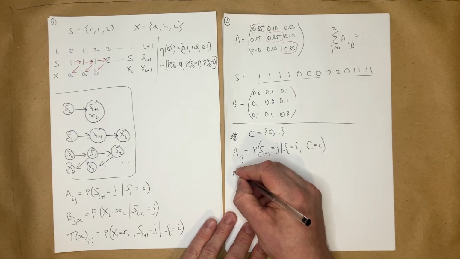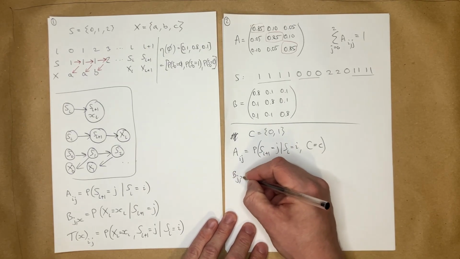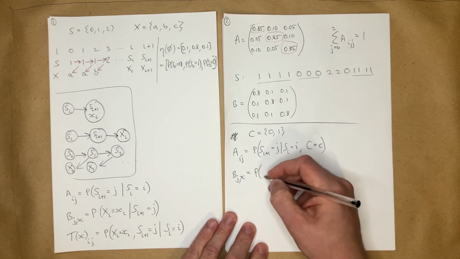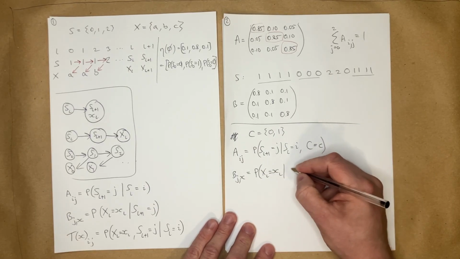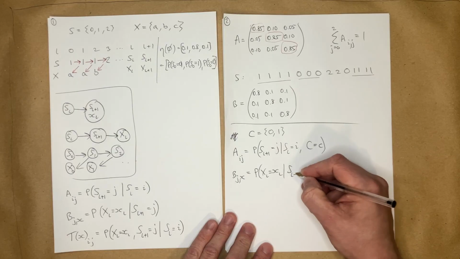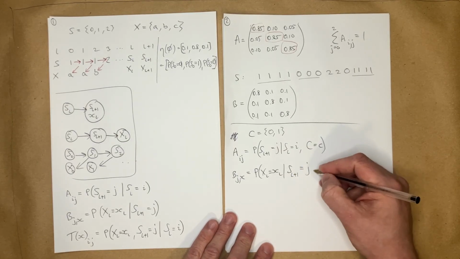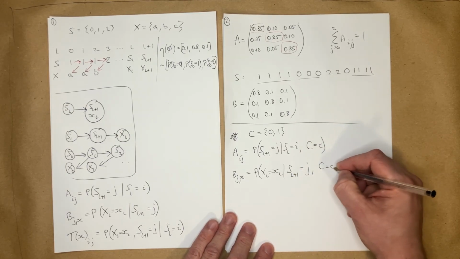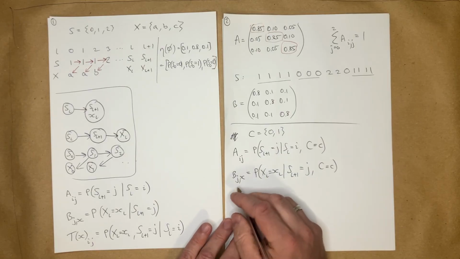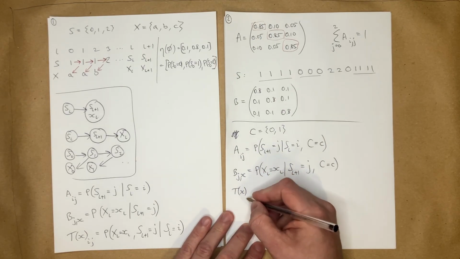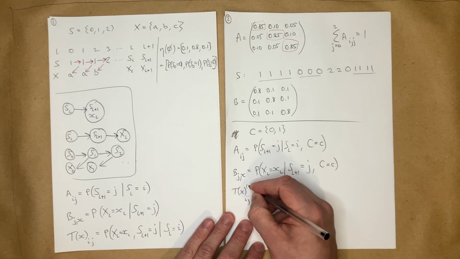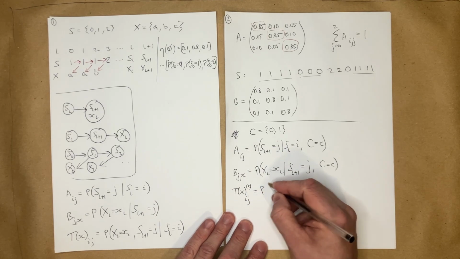Okay, so I can write B in a similar way. Again, it's just the probability of getting the token X conditioned on the hidden state at the subsequent step, also conditioned on the component that we're talking about. And the matrix T, I'm going to put C in superscript here, and it's more or less the same thing.